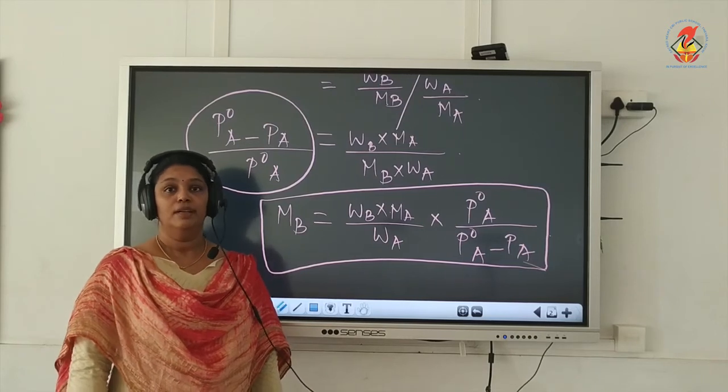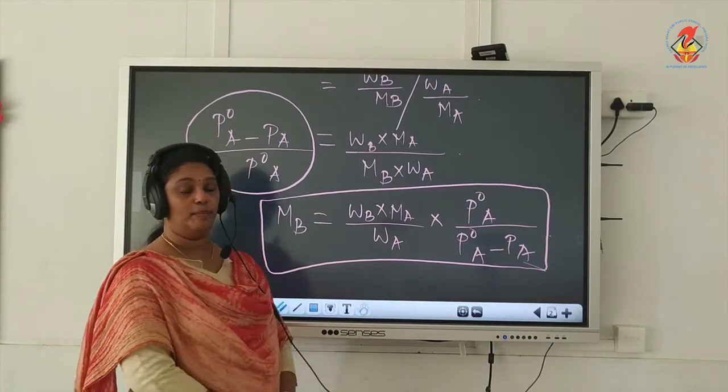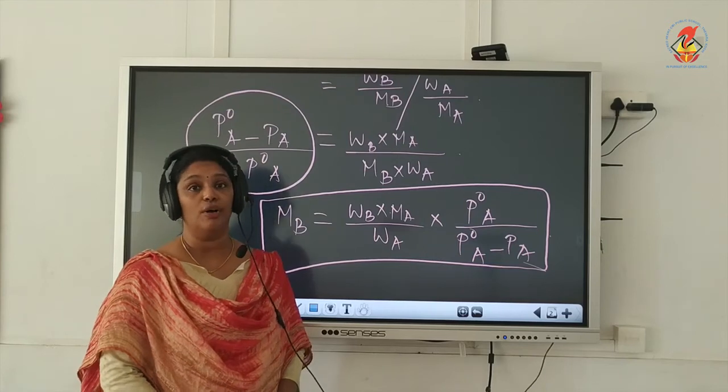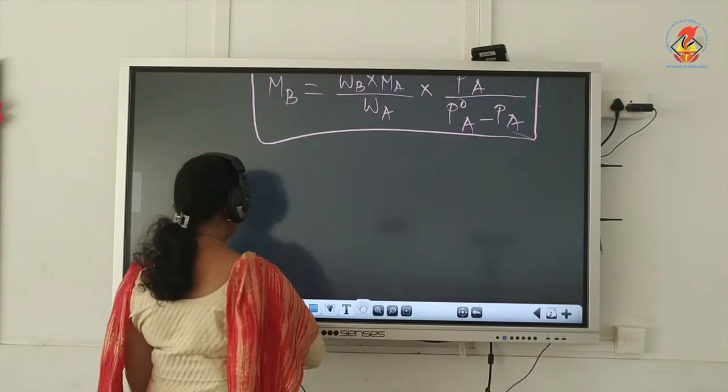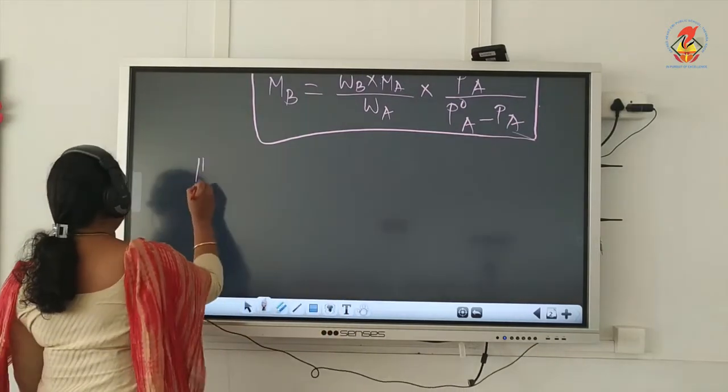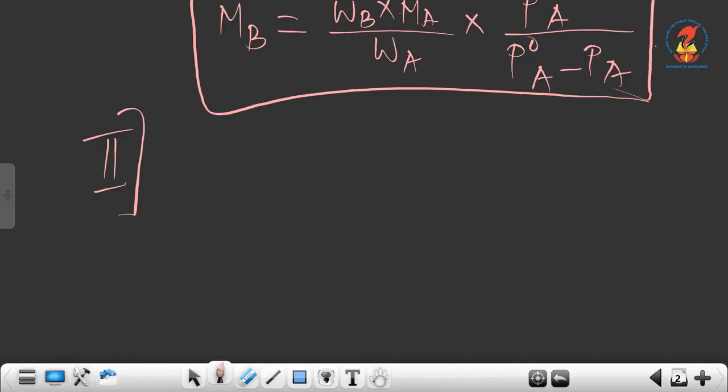Now the second colligative property is elevation of boiling point of solvent.